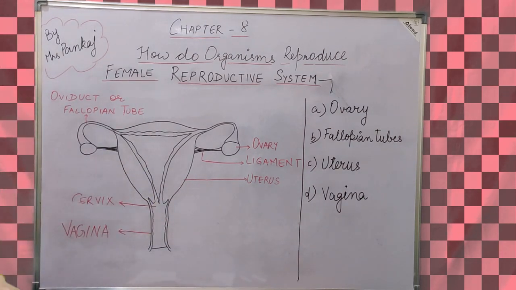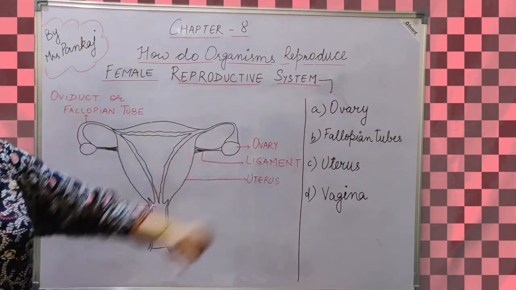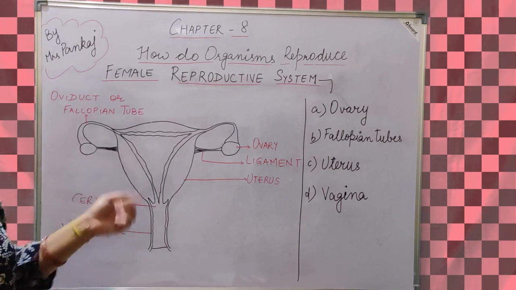In male reproductive system, it is outside. The testes were lying outside inside the scrotum, but in female, this pair of ovaries lie inside the body at lower abdominal cavity.